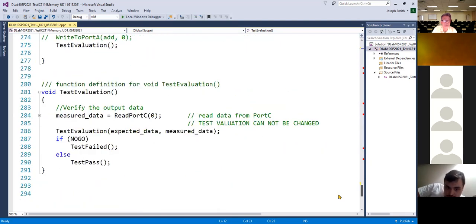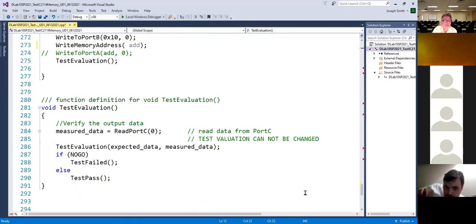You can use read port ASC. Yeah. So you want to put this in? Yeah, you have to put that in. If it's not, then you can use a different name. Instead of using test evaluation, you can use test validate.